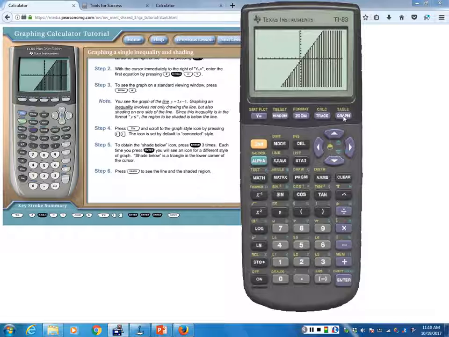The reason this is actually kind of a good thing is because when we're graphing a system of inequalities, it'll show you how to do 2 of them at once. But you still have to do the work I'm showing you how to do.